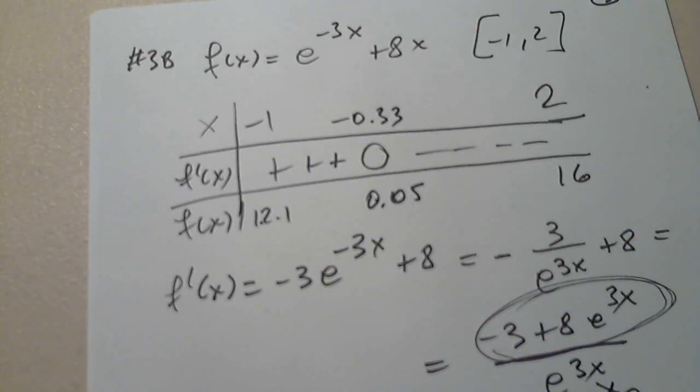So e to -3x, and then plus 8x. Okay, one at a time. Am I entering this correctly? Yes. Okay. So in the table, at -1 it's 12.1, and at 2 it's 16.